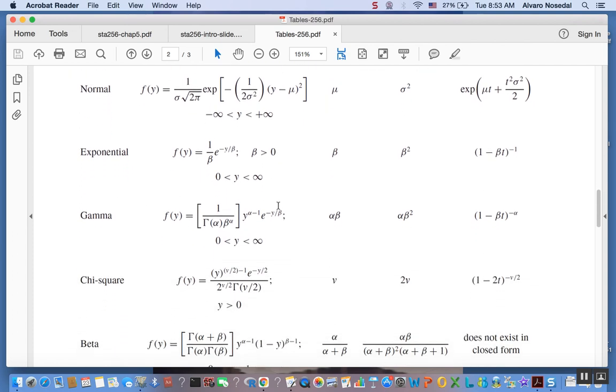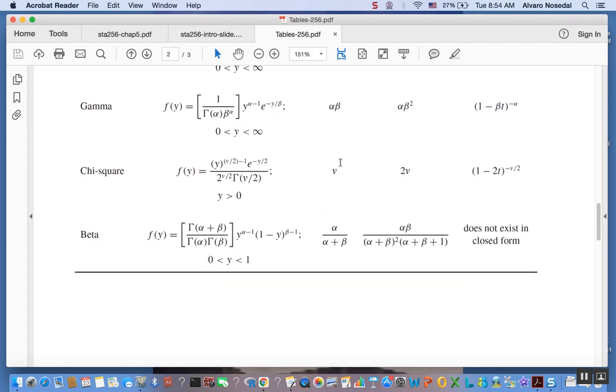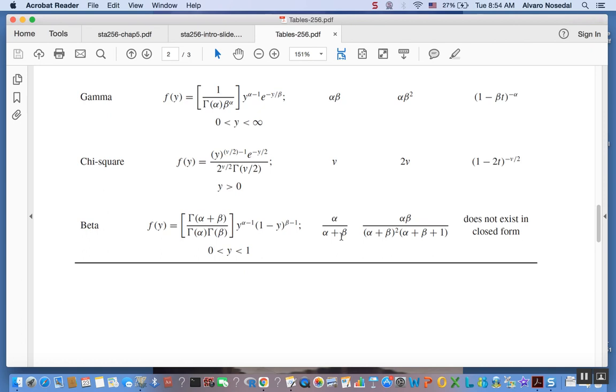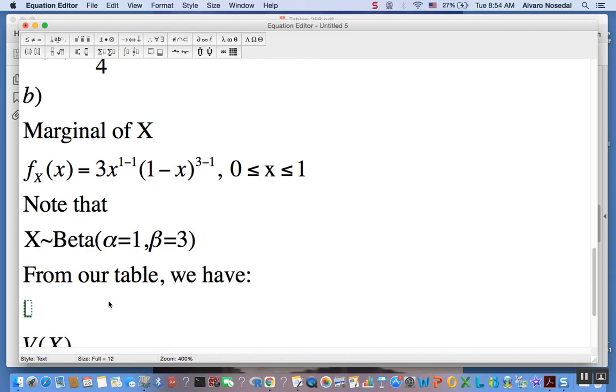For a beta, the mean is alpha divided by alpha plus beta, and the variance is alpha times beta divided by alpha plus beta squared times alpha plus beta plus 1.